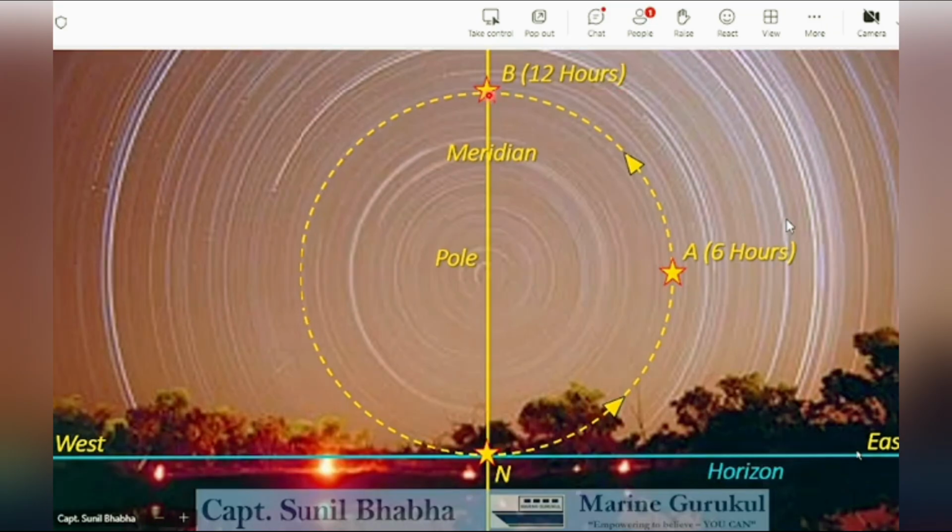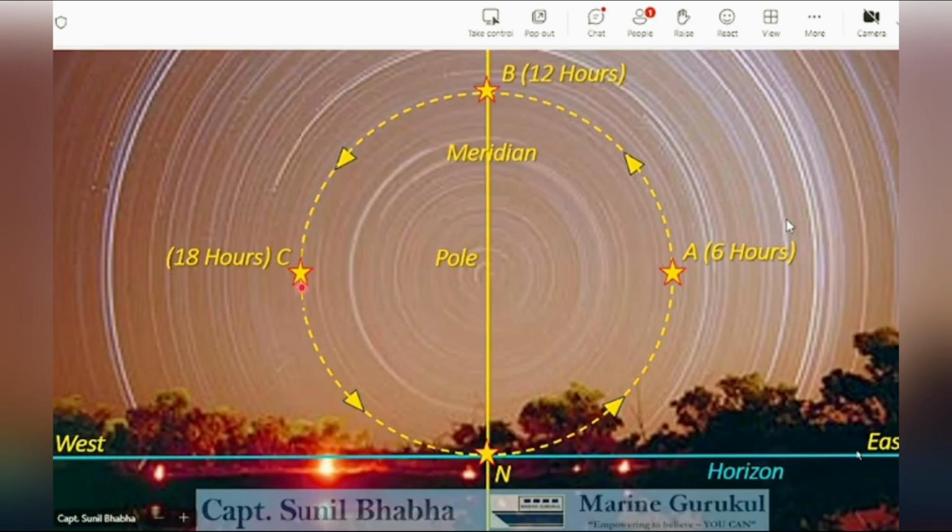From point Bravo, the gyro star is going to move further on its declination circle, again shown by the yellow color arrow. And after about 18 hours, the gyro star is going to be at point Charlie, point C in our diagram. This is the position where the gyro star will be after 18 hours.